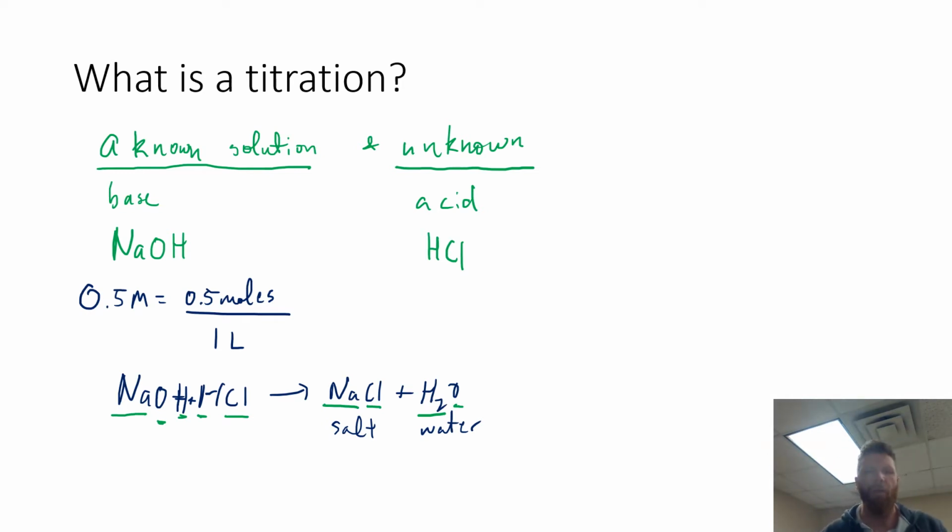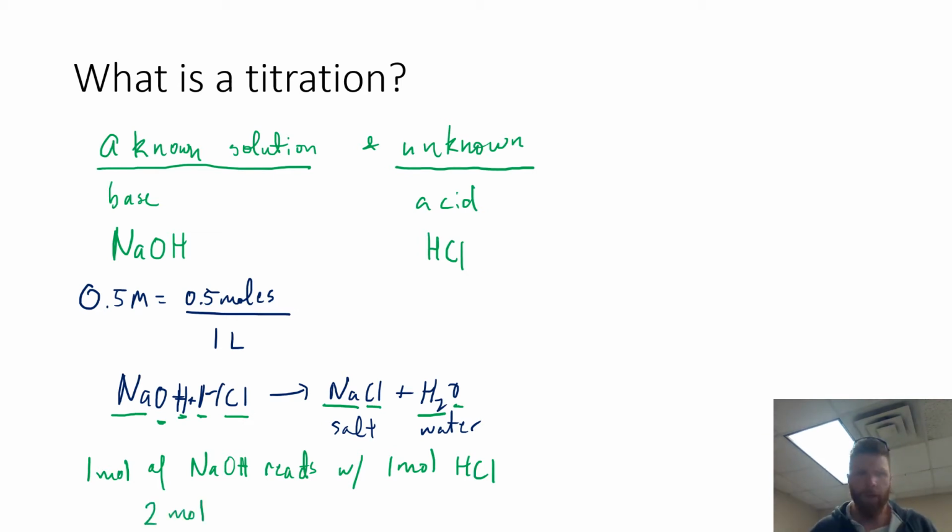What this tells us is that 1 mole of NaOH reacts with 1 mole of HCl. Now, what that means is if you have 2 moles of sodium hydroxide, well, you can answer the question of how many moles of HCl are required.